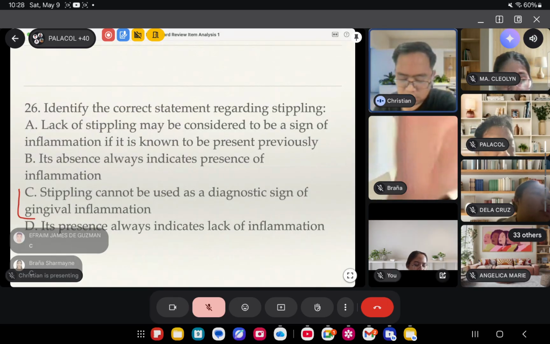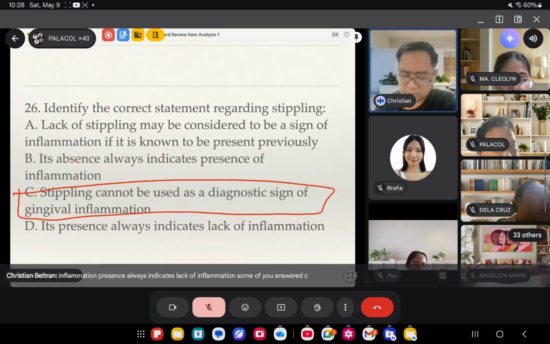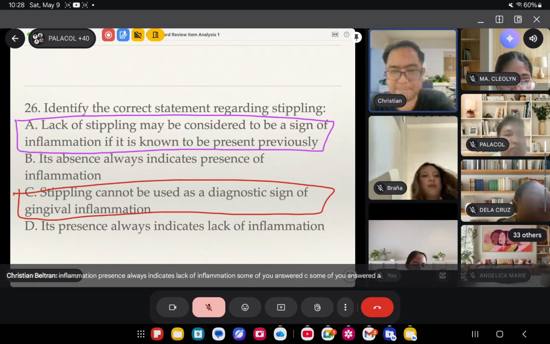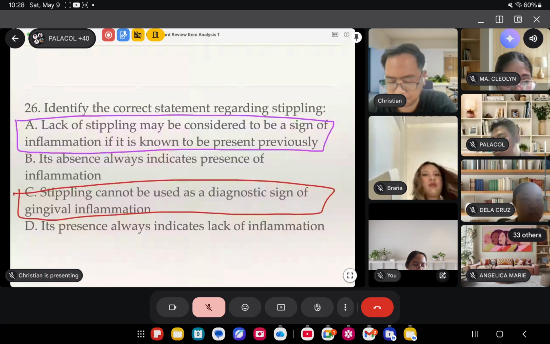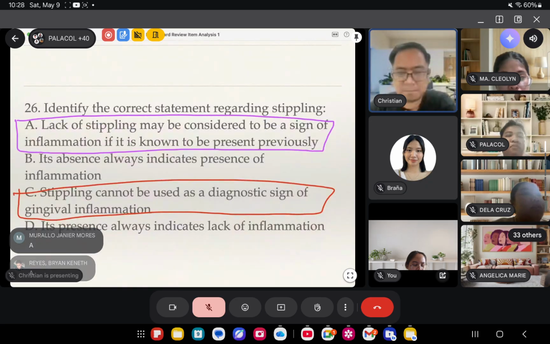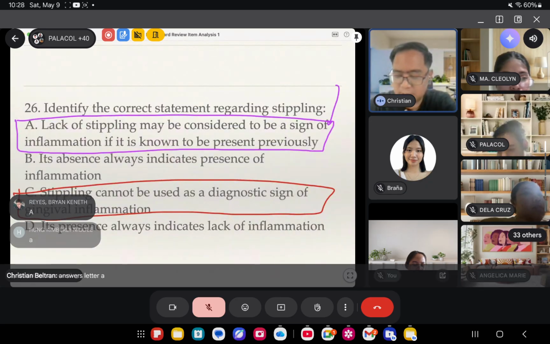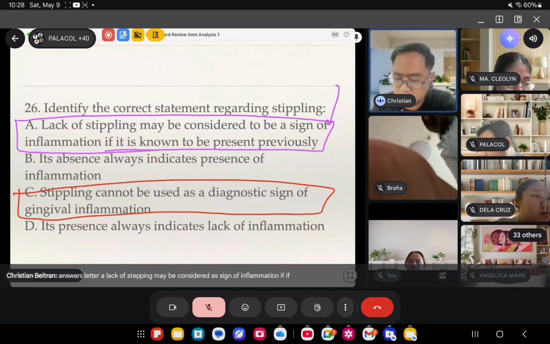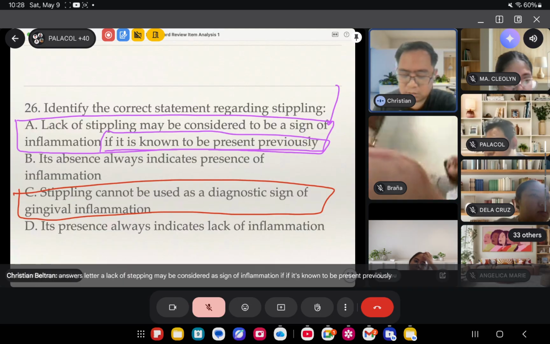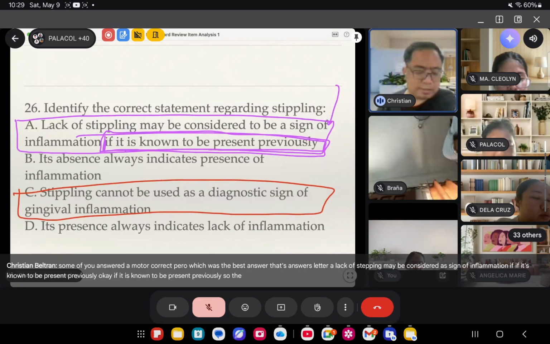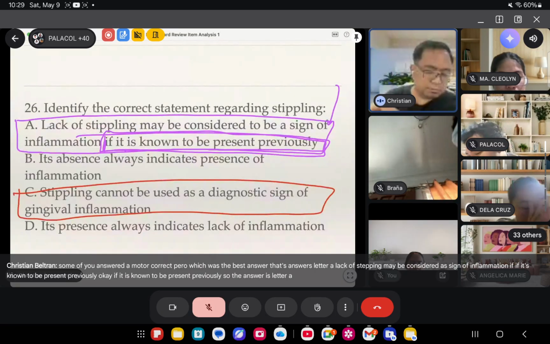Some of you answered C. Some of you answered A. Both are correct, but which one's the best answer? Best answer is letter A. Lack of stippling may be considered a sign of inflammation if it's known to be present previously. There is a premise: if it is known to be present previously. So the answer is letter A. Okay?